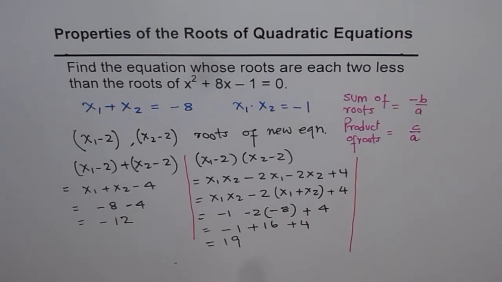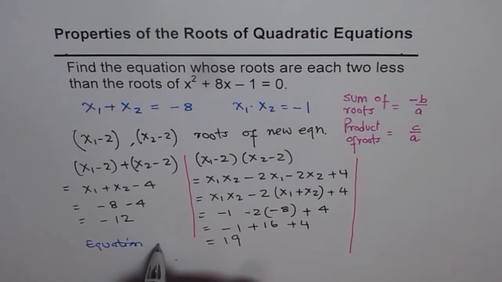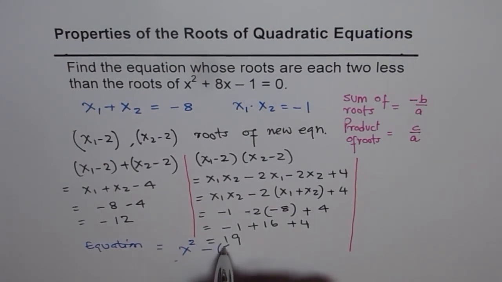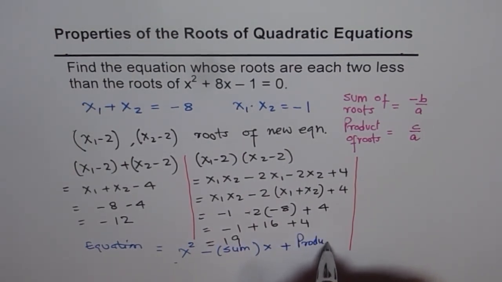And therefore now we can write down our equation, correct? So our equation is, so what is the sum? The sum is minus 12 and the product is 19. So what we can do is, we can write the equation as x squared minus sum times x plus product.